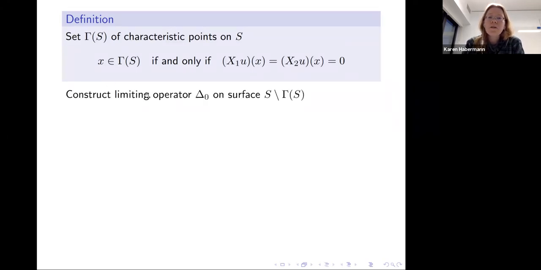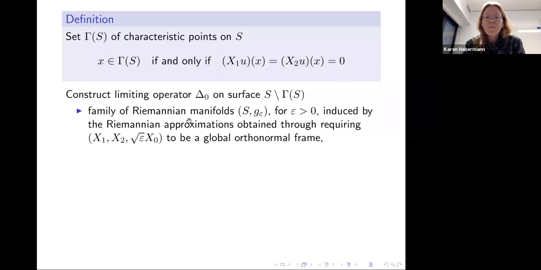So we want to construct our limiting operator delta zero on this surface S minus its characteristic points, because those are the points where annoying things happen, so we simply take them out. Now, how do we define this delta zero operator? We remember we had our global vector fields x1 and x2, and we can construct a global vector field x0.